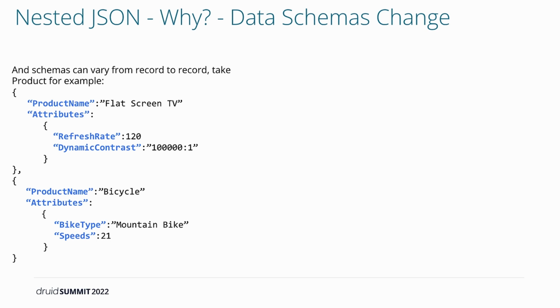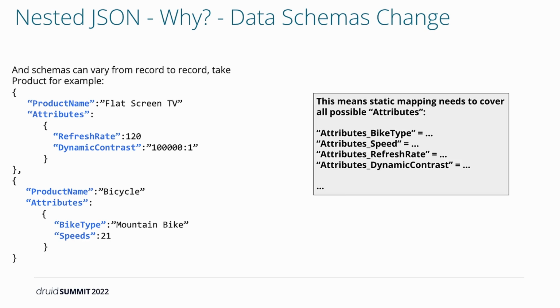So we'll see these kinds of structures in the real world. In order to deal with this, you'd have to create all the possible mappings to cover all the different structures for attributes in this case: attributes for bike type and speed, attributes for refresh rate and dynamic contrast. And if you have thousands of products, this could get fairly complicated.